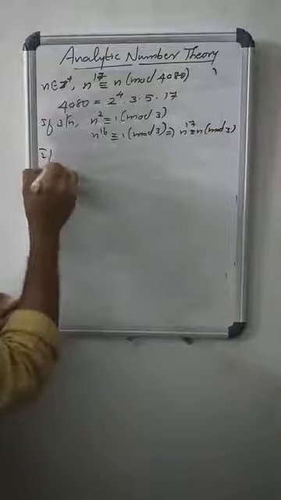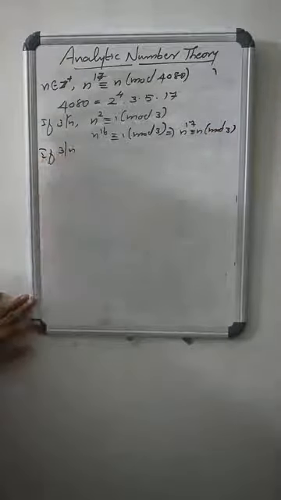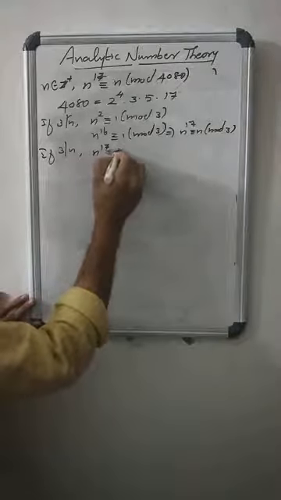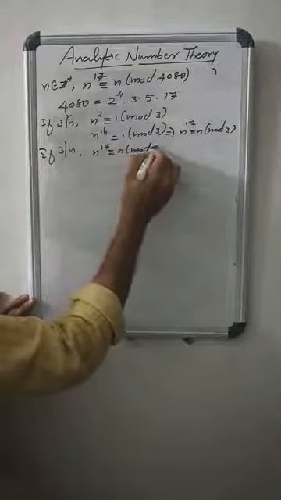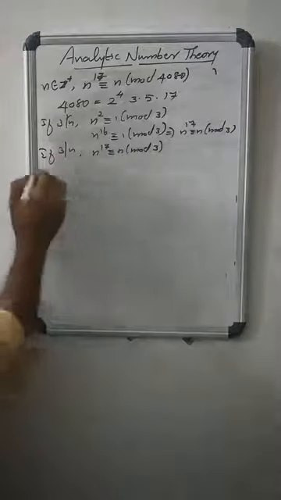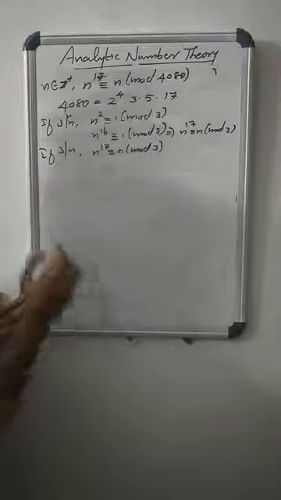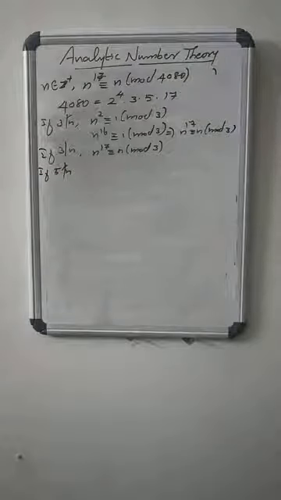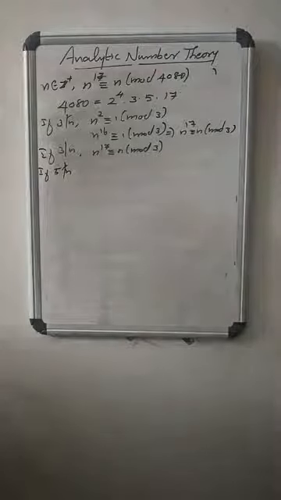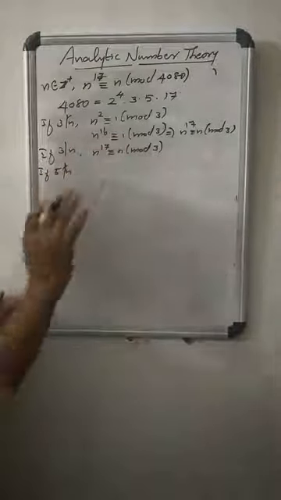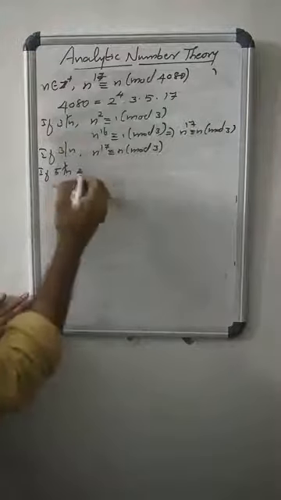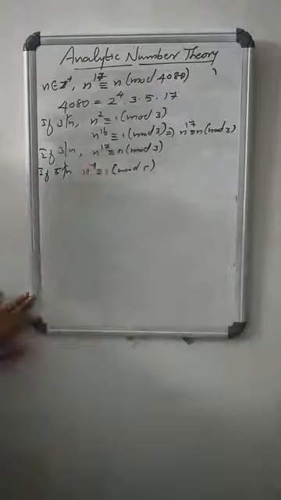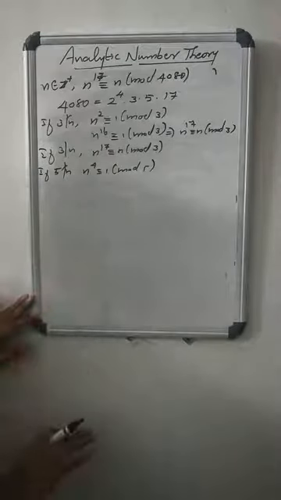If 3 divides n, what happens? According to Fermat's little theorem, n power 17 is congruent to n mod 3. Similarly, in the case of 5 and 17, if 5 does not divide n, then n power 4 is congruent to 1 mod 5, therefore n power 16 is congruent to 1 mod 5, and n power 17 is congruent to n mod 5.